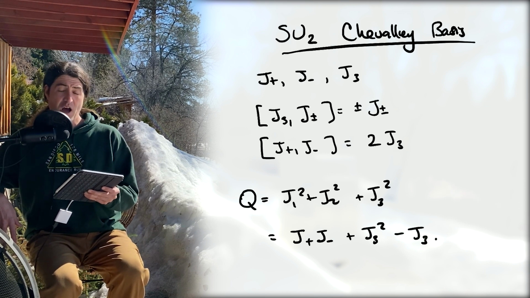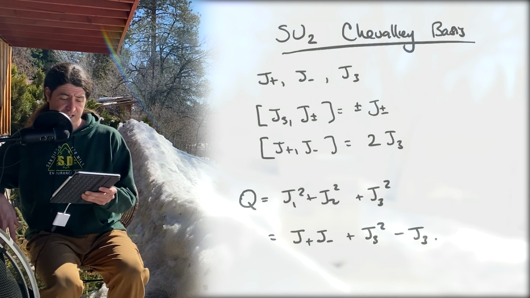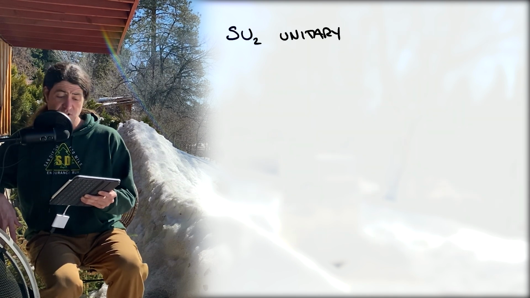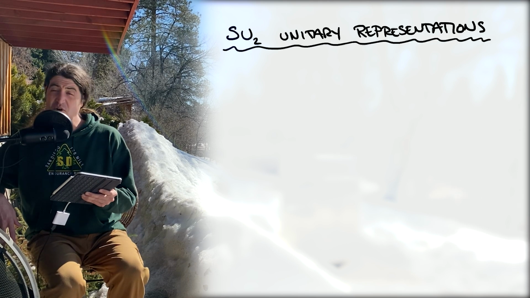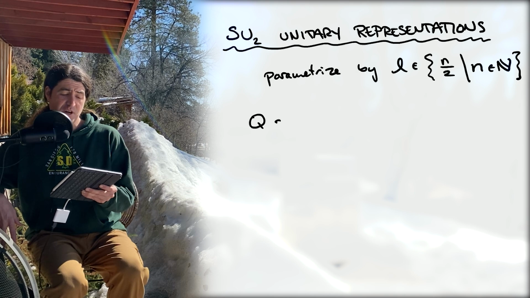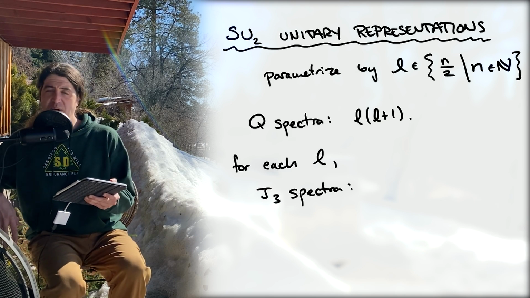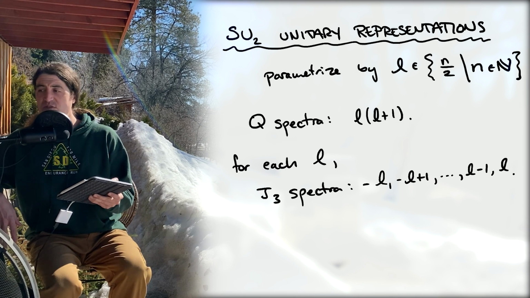Of course, Q, being a quadratic Casimir, commutes with all of the operators j. We parameterize the irreducible representations by some number L in the set of m over 2, where m is some natural number, where Q in that parameterization is given by L times L plus 1, and m ranges from minus L to L.